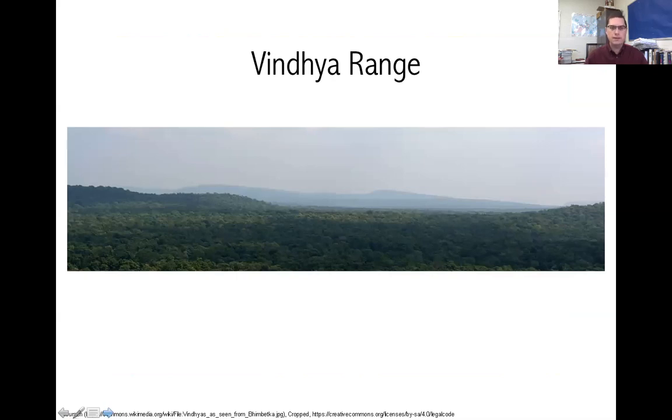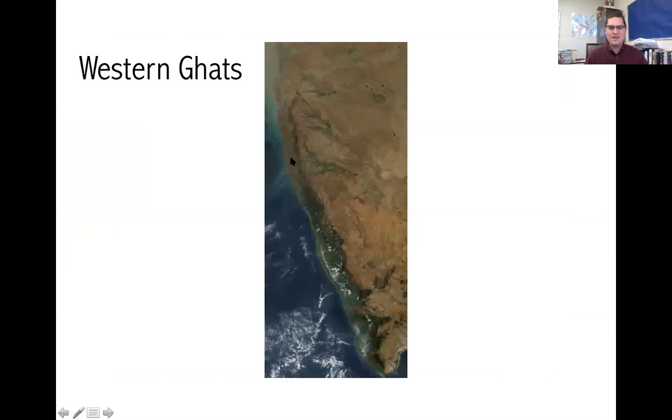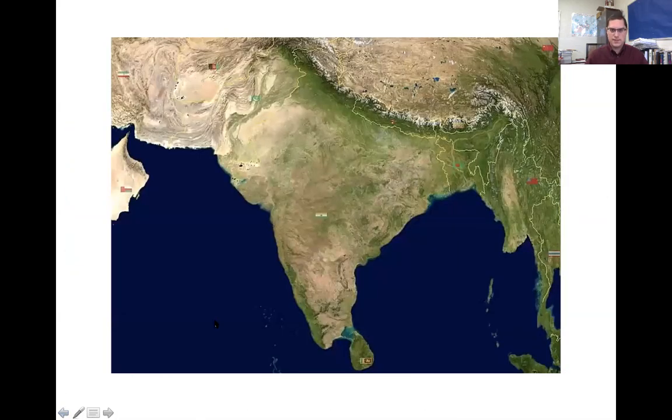And then we've got the Ghats, the western and eastern Ghats. So here's a close-up of, go back to the satellite photo here. What we're going to see in a minute is a close-up of this area here, the western coast of India.